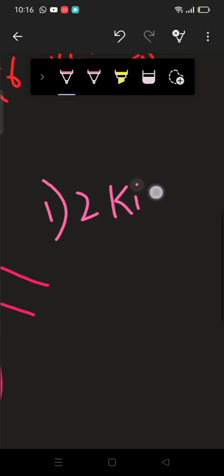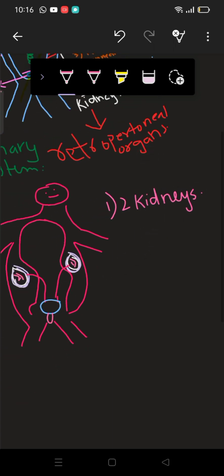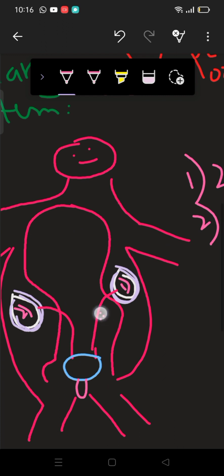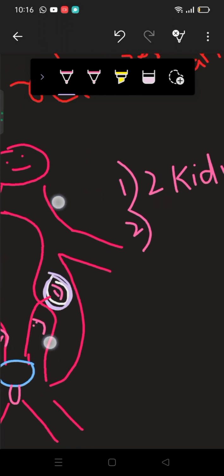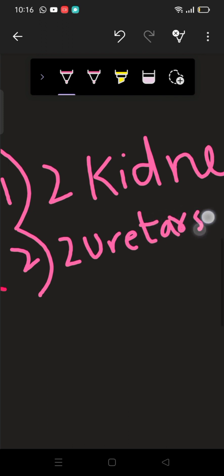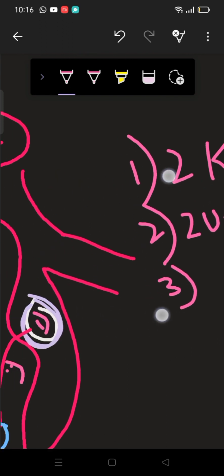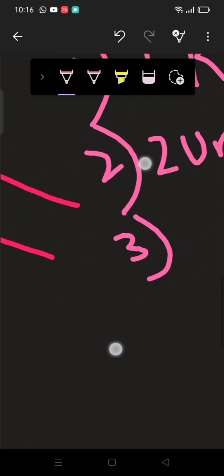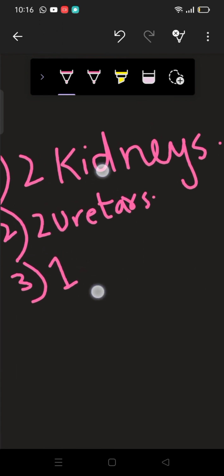The two kidneys play the major role in the urinary system. Second, I have two ureters, one ureter here and another ureter here. Third, I have one urinary bladder.